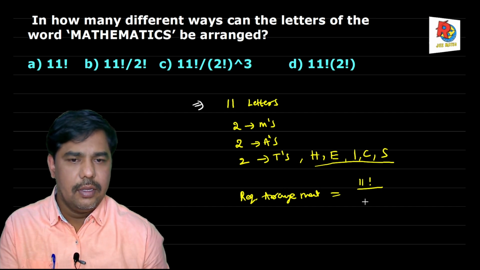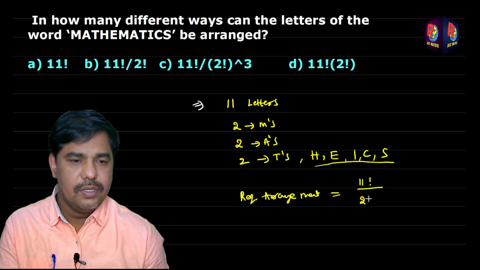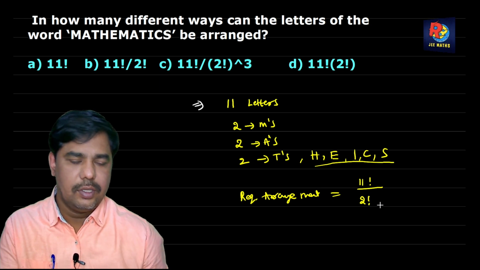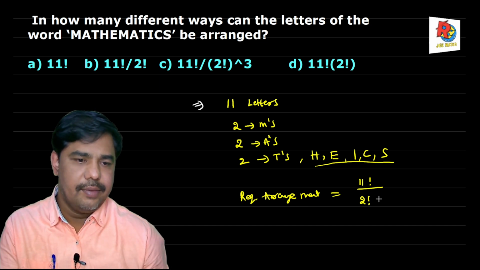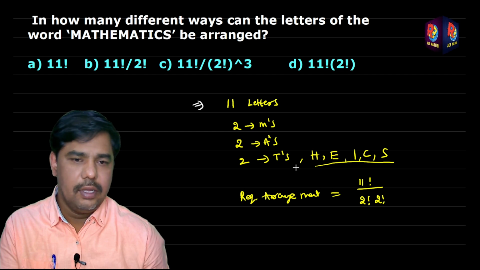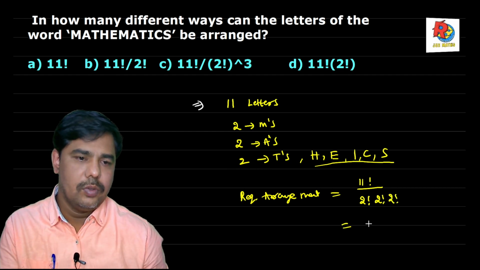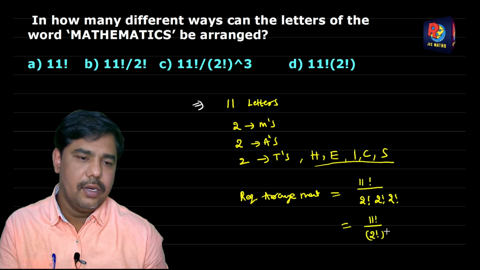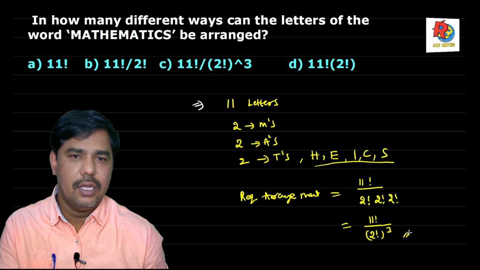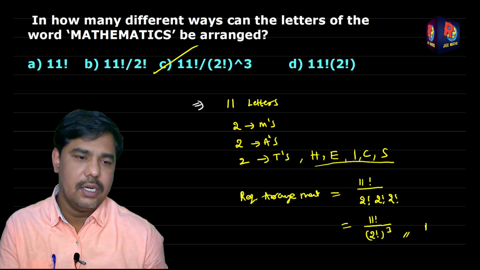After that, repeated letters: 2 M's are repeated, 2 factorial, 2 A's are repeated, 2 factorial, and 2 T's are repeated, 2 factorial. So 11 factorial by 2 factorial whole cube is the answer. So option C is the correct answer.